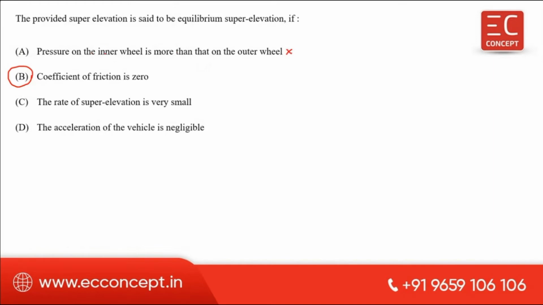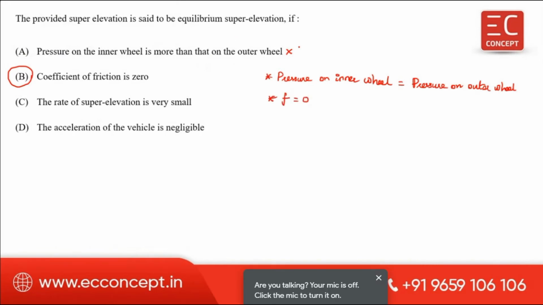Pressure on the inner wheel is equal to the outer wheel, then we can say equilibrium super elevation. The condition is: pressure on inner wheel is equal to pressure on outer wheel. In this case, the coefficient of friction will be 0. So these two are the conditions for equilibrium super elevation. Therefore, the answer for this question is B.